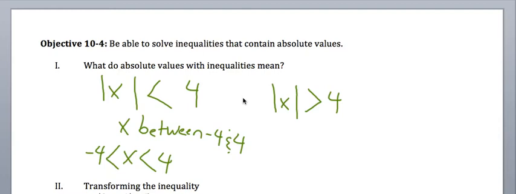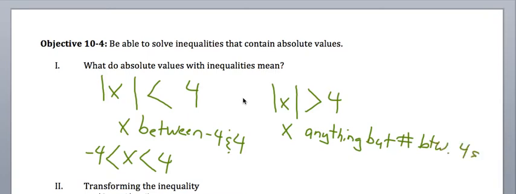Absolute value of x is greater than 4 is the opposite of that. x can be anything but numbers that are between negative 4 and 4. Okay, so it's basically got to be anything other than that.